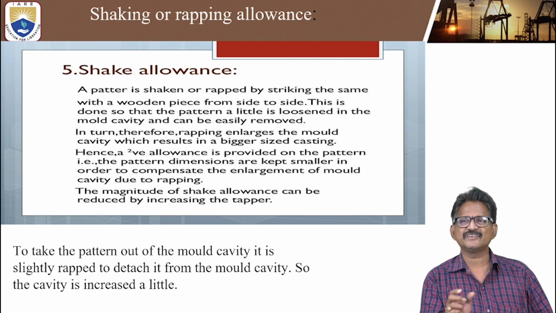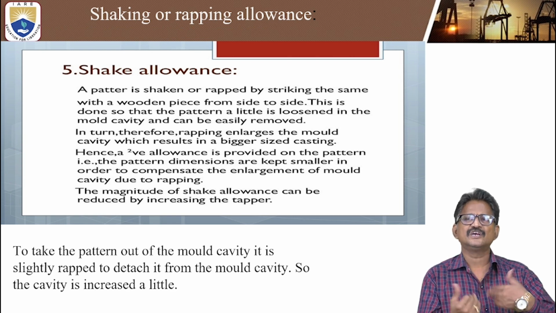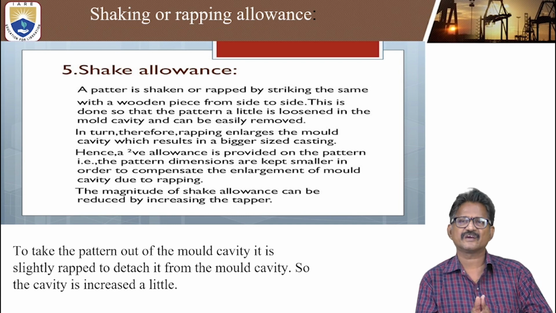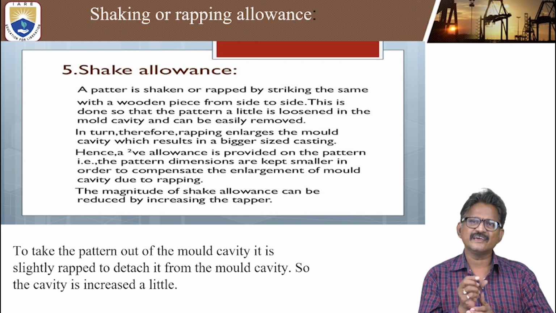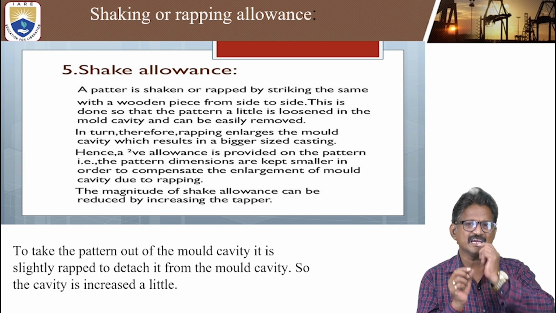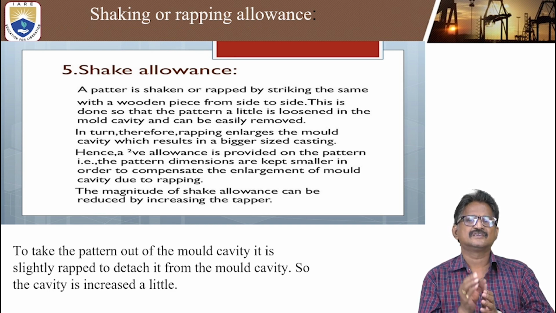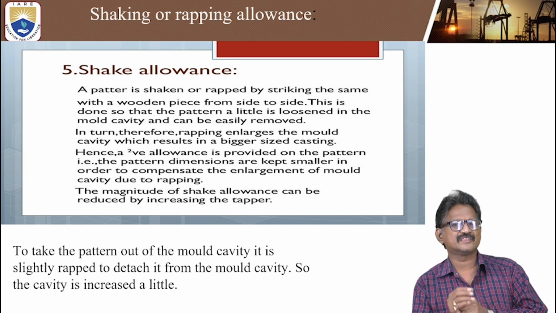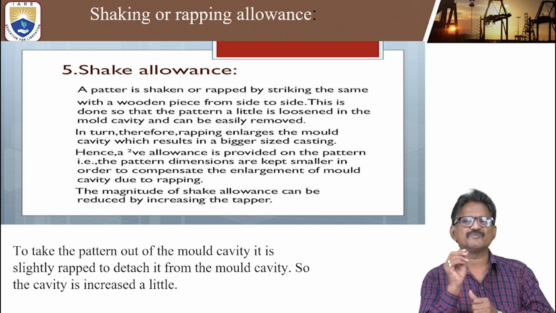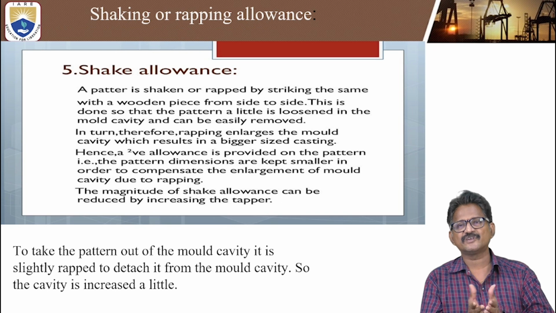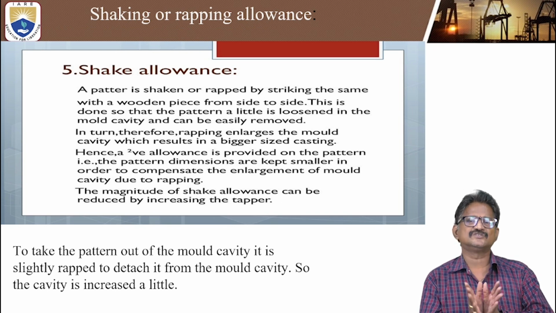So obviously if the mold sand is very loosened, automatically some defect may occur. That is why here also the shake allowance, which is also called a negative allowance, should be provided on the pattern, wherever it is kept smaller, in order to compensate for the enlargement of the mold cavity due to wrapping.